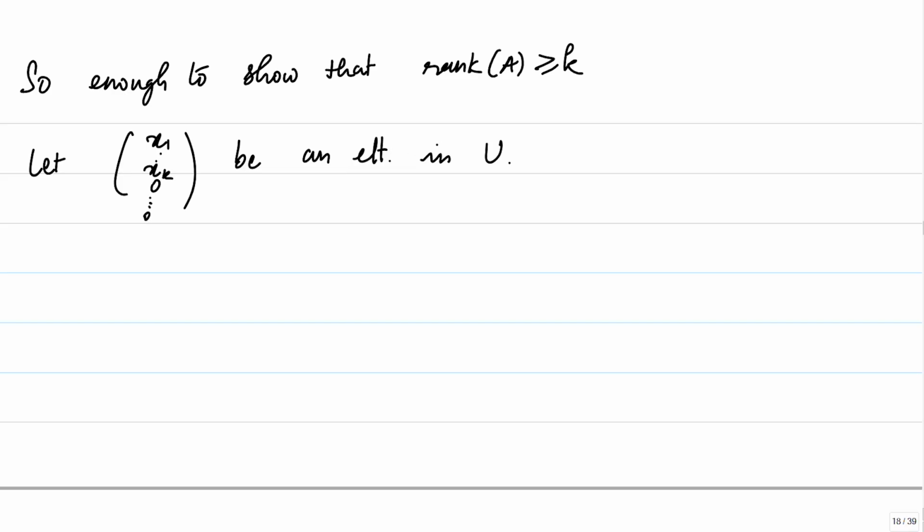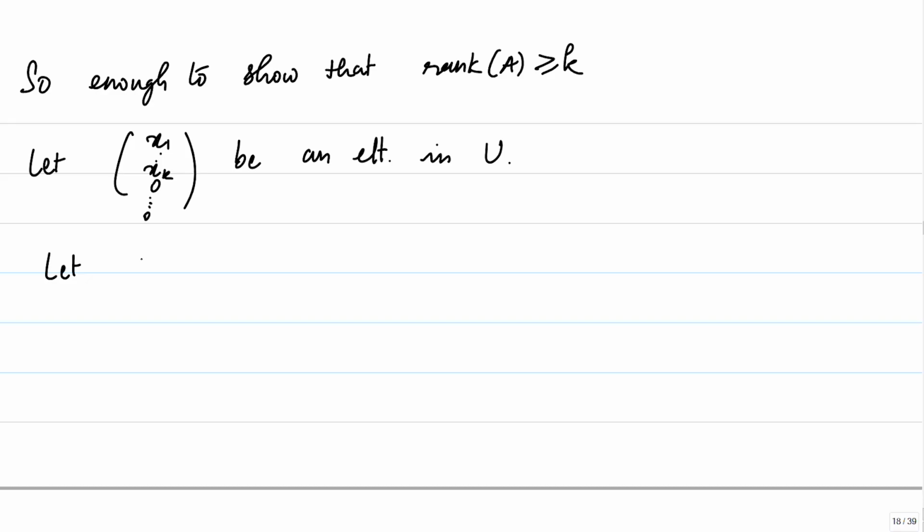Now, A is of a very special type, it is in row echelon form with the first k rows non-zero and the remaining m minus k rows 0. So, let us focus on the kth row.